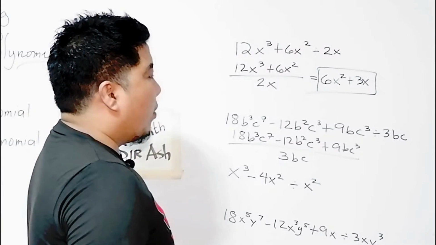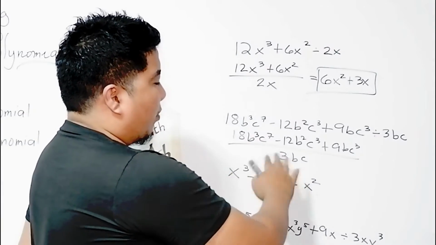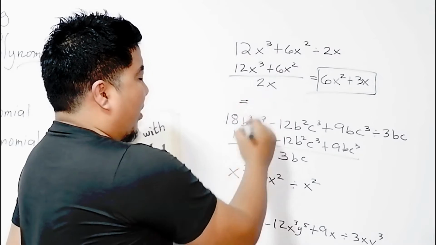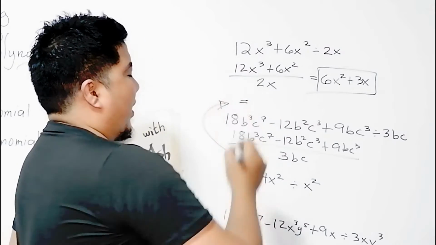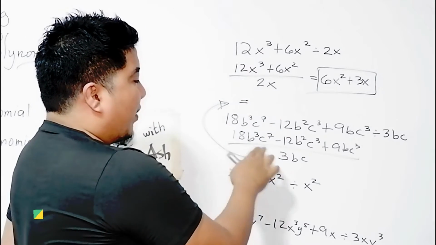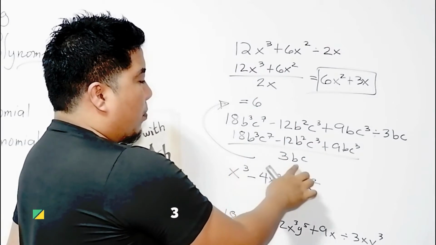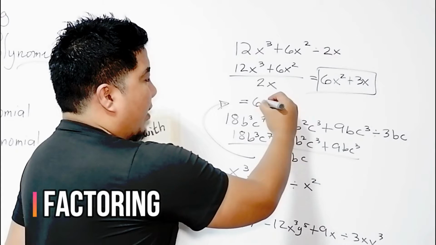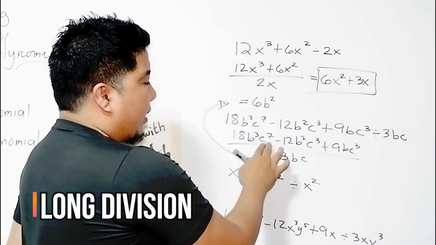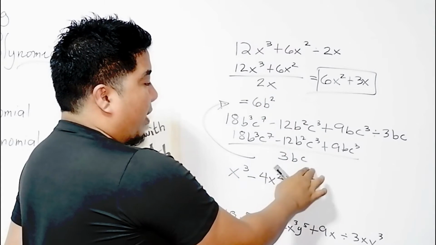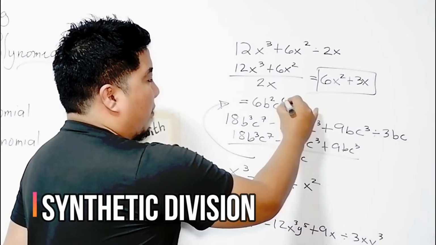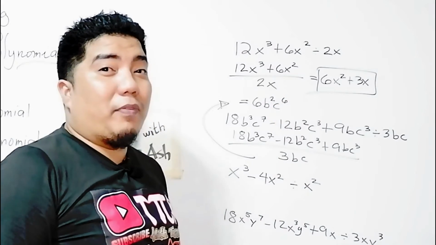Since I don't have anything to write here, I'll just write my answer here. So, 12 divided by 3, that is 6. b cubed divided by b, that is b squared. c to the power of 7 divided by c, that is c to the power of 6. I'm finished with my first term.